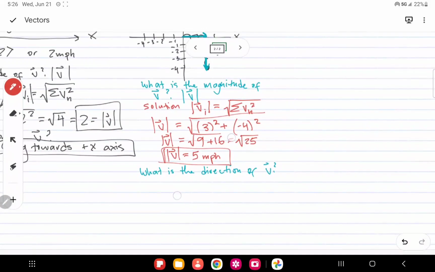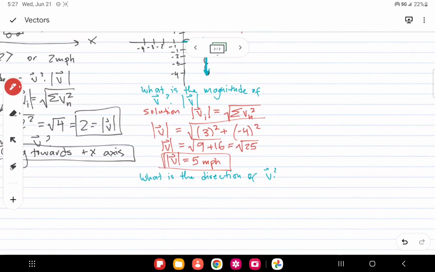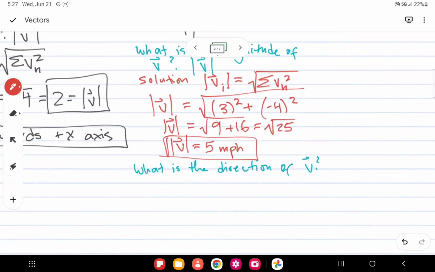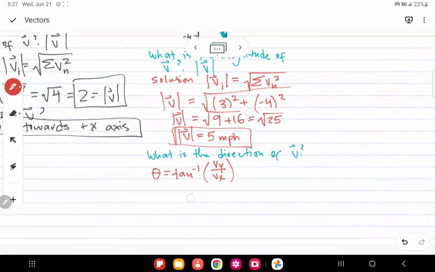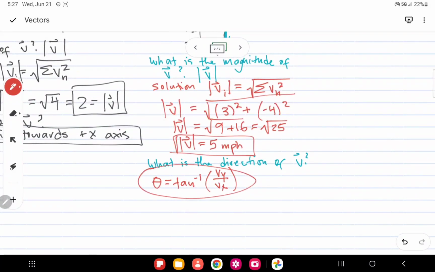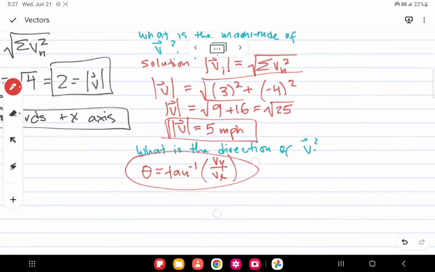So direction, write this formula down, for two-dimensional vectors, theta is equal to arctangent or inverse tangent of the y value, or Vy, over Vx. Okay? So remember this formula.